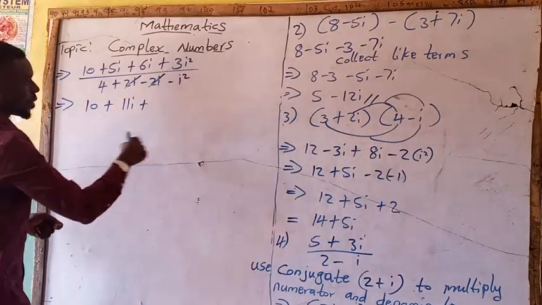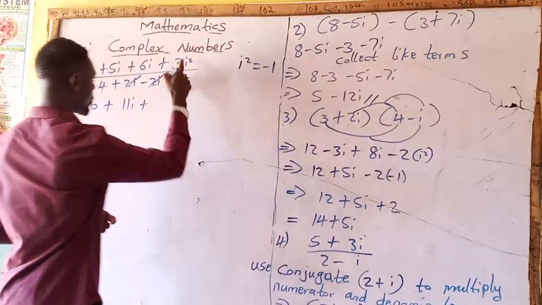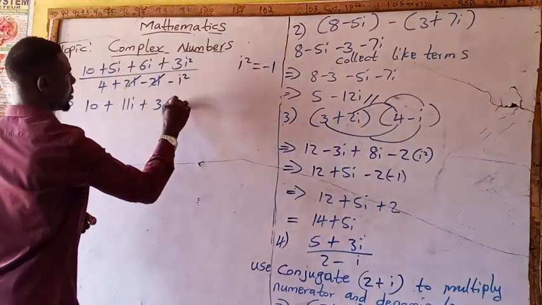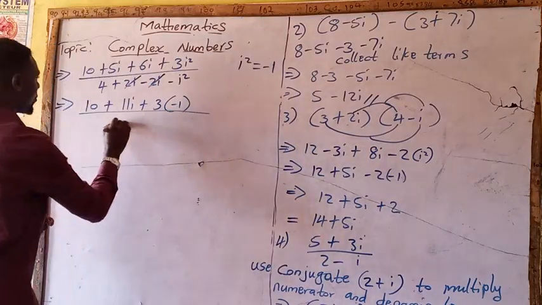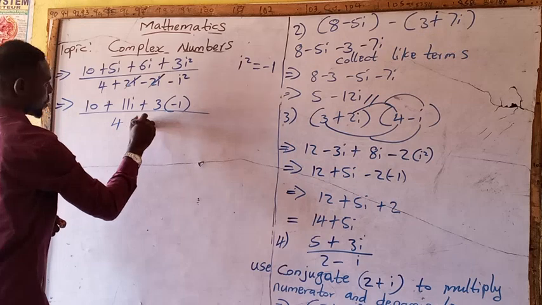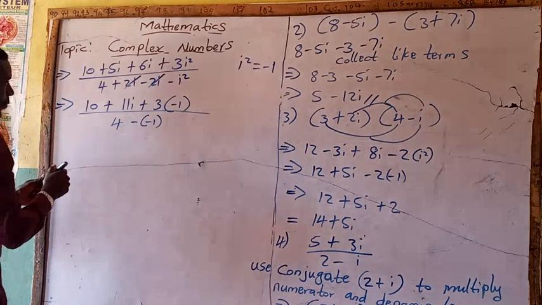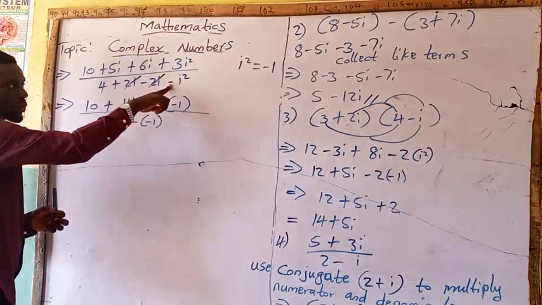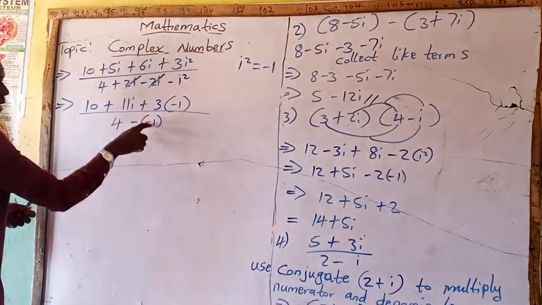Now watch here. Recall that i squared is equal to minus 1. So let us replace that. We have 3 times minus 1, all divided by 4 minus, remember here, minus 1. Because originally it has minus here, and this expression is minus 1. So that is how we have this.